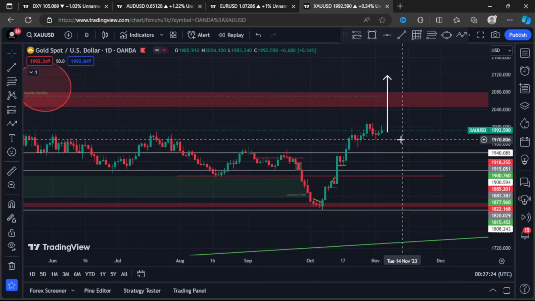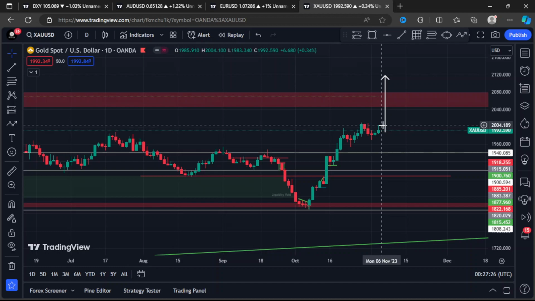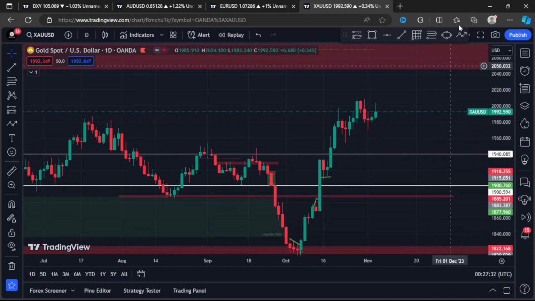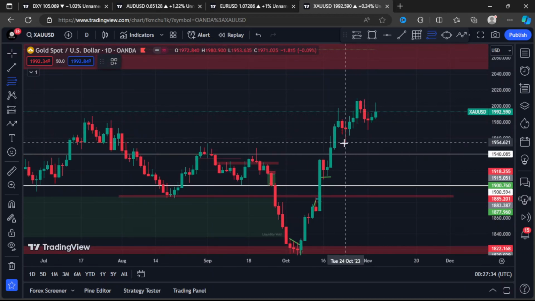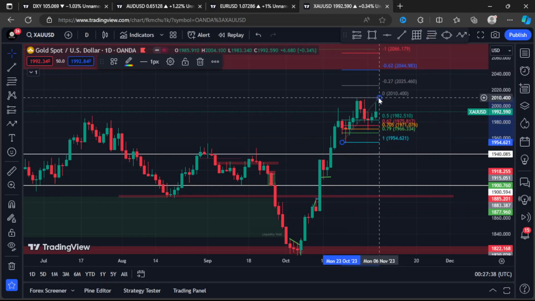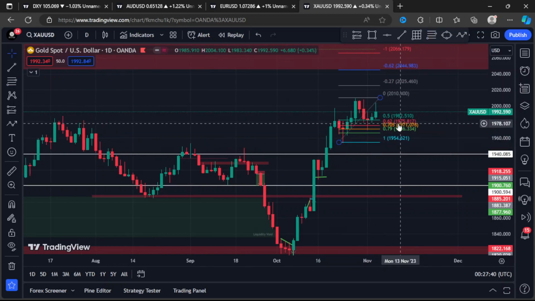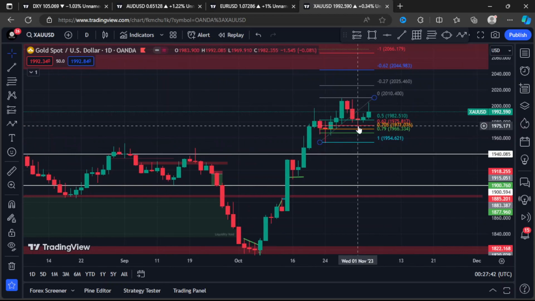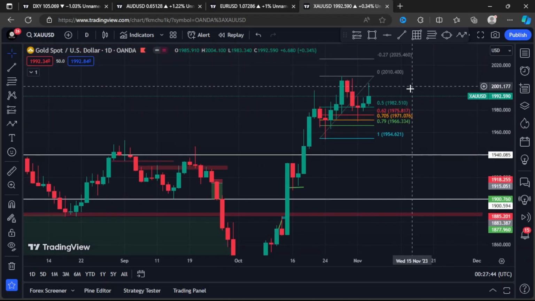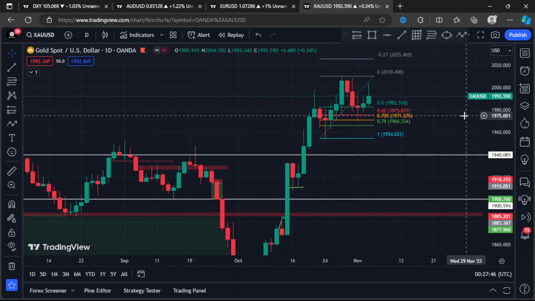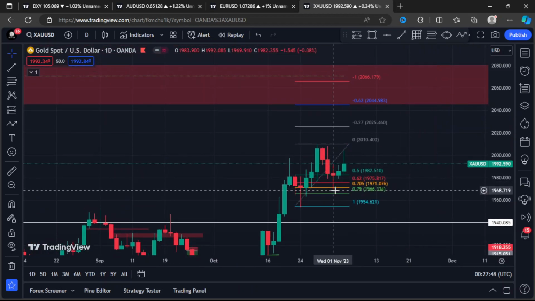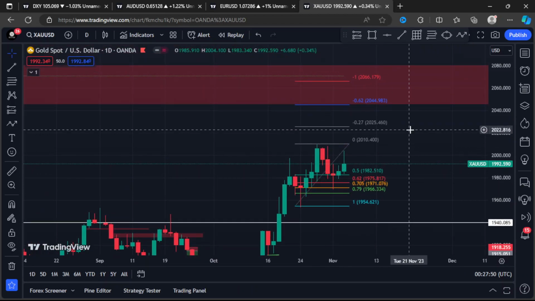And let's see if we can still have one more confirmation on gold with Fibonacci retracement. So let's see from this low to this high. Good. So we have tested the OTE, that's the optimal trade entry point, and price is looking up.